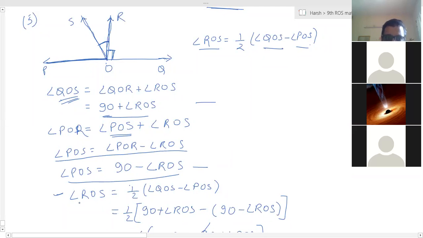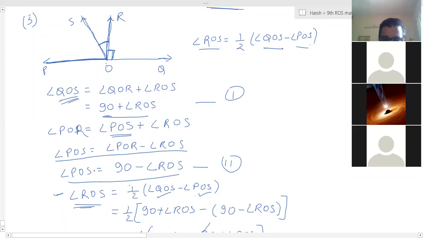Now ROS is equal to this. You have to prove. We have got it. You got POS, you got QOS. From 1 and 2, replace the value.